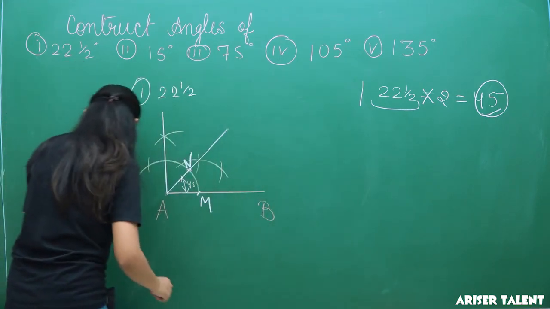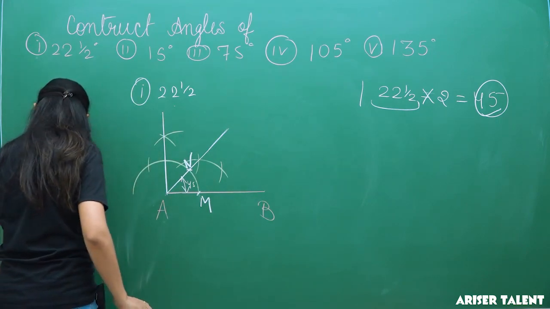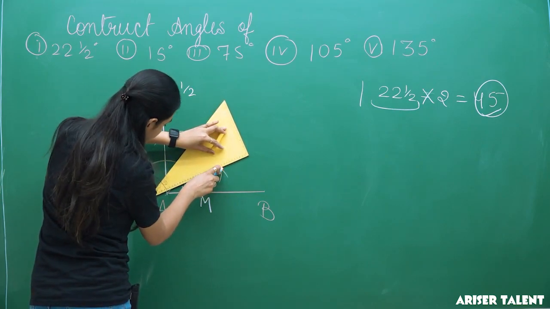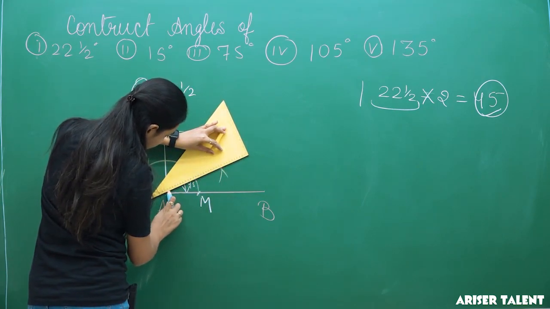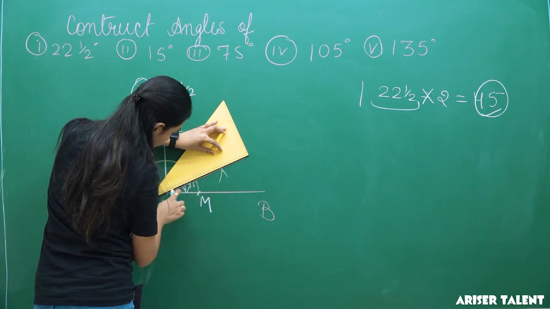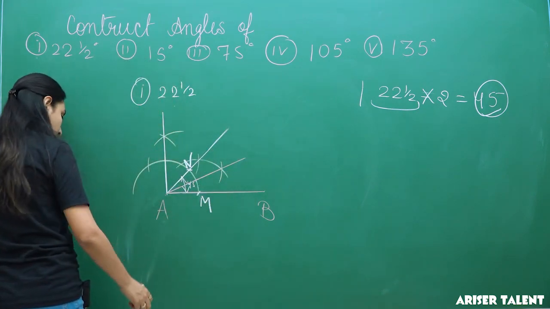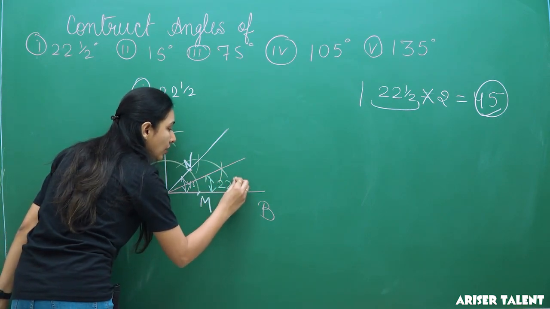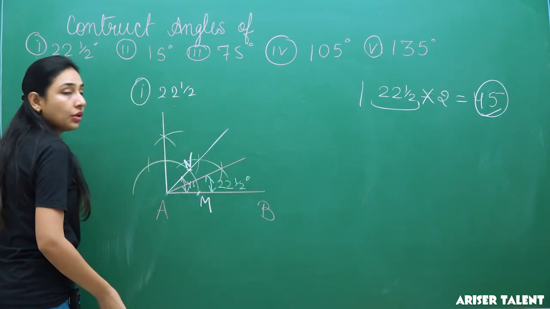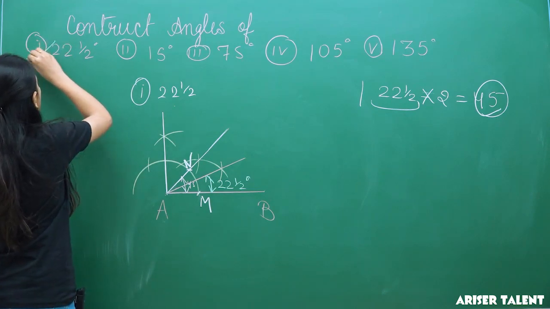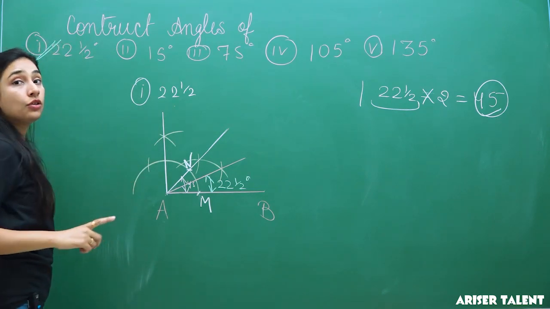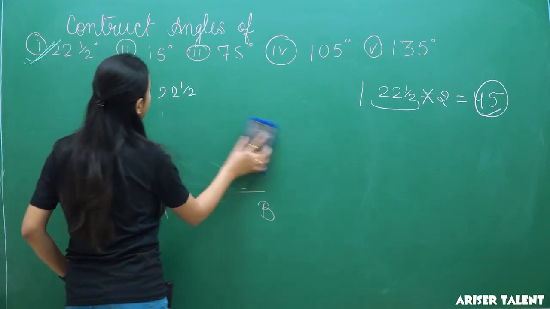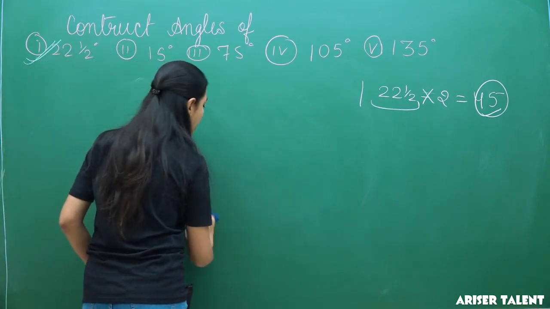Now, in this intersection, you're going to meet this point to the very point A. And this is how you'll be getting the angle 22.5 degrees. So this is about the first one; we have done with the 22.5 degree.